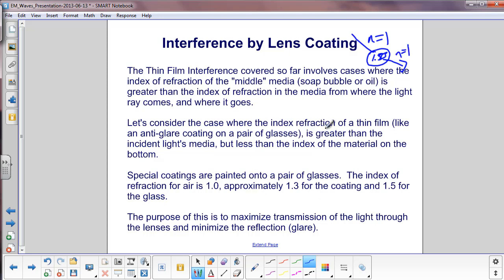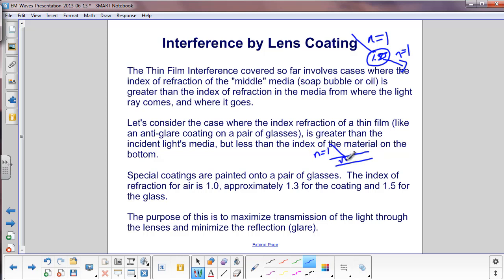So now we're going to take a case where the index of refraction of a thin film, like an anti-glare coating on a pair of glasses, is greater than the incident light's media, but less than the index of the material on the bottom. So in that case, you would have your coating here, and you might have an index of refraction here of air, which is n equals 1.